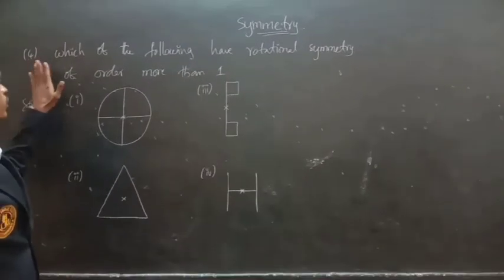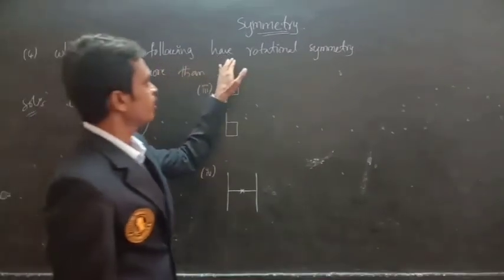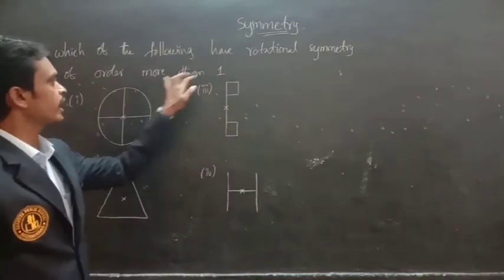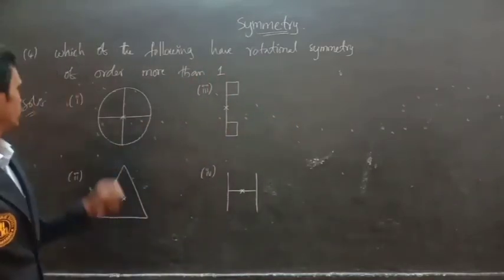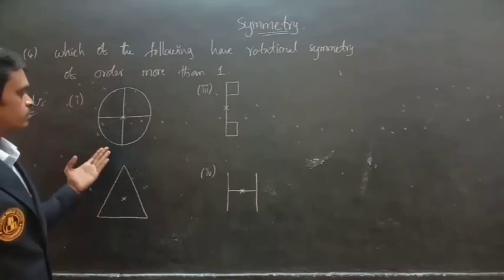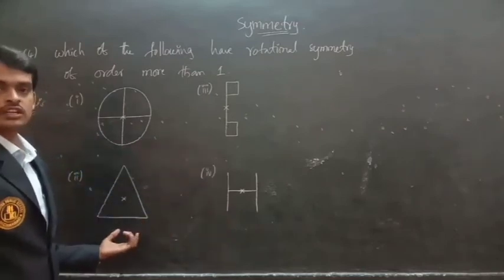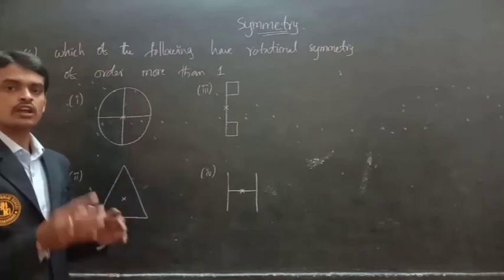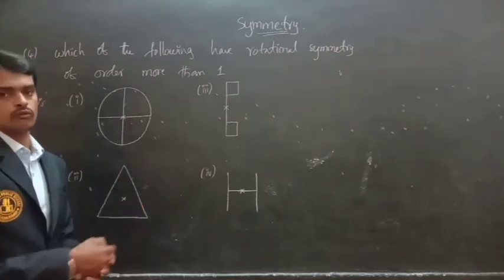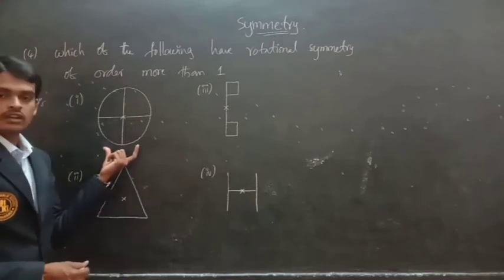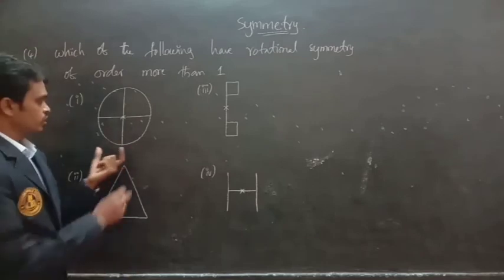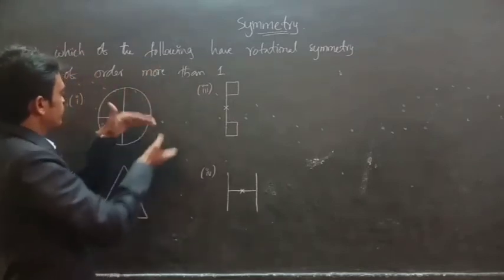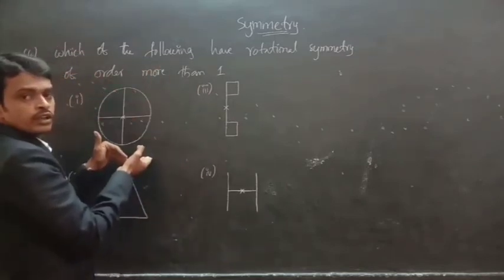Fourth problem: which of the following have rotational symmetry of order more than 1? Here they have given different types of figures. Which figures have rotational symmetry of order more than 1? So look at here. This is a circular shape. This shape rotates like this for further rotation.